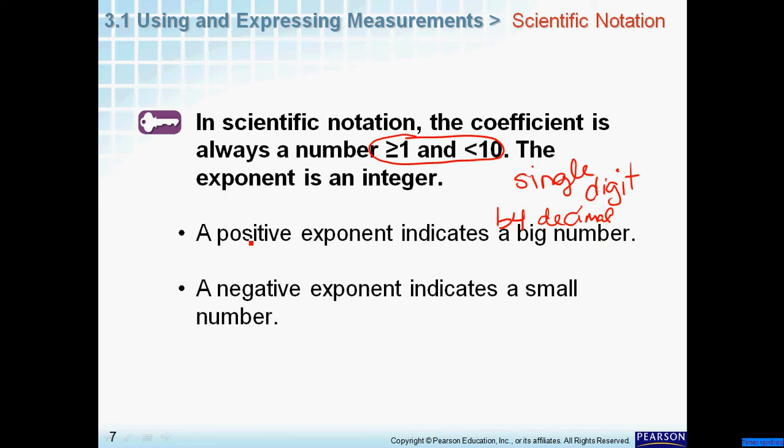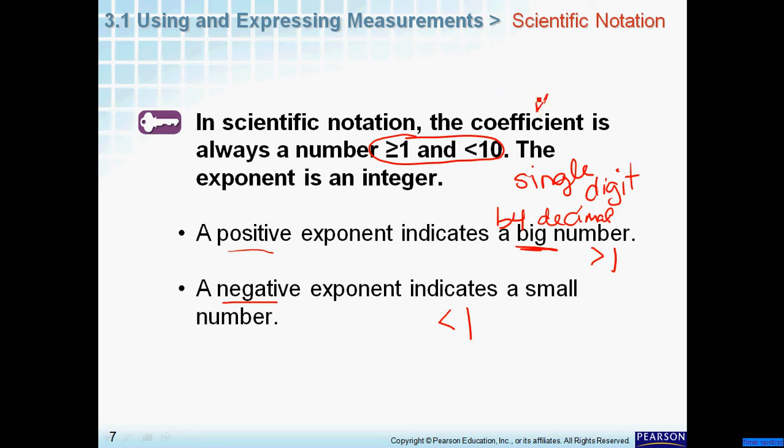If your exponent is a positive number, it means your number is big, meaning greater than 1. If you have a negative exponent, it means your number is less than 1. These are all important things that you need to know. So let me review that again.